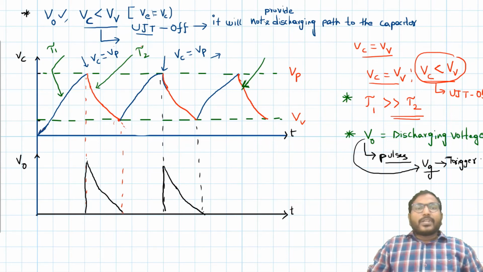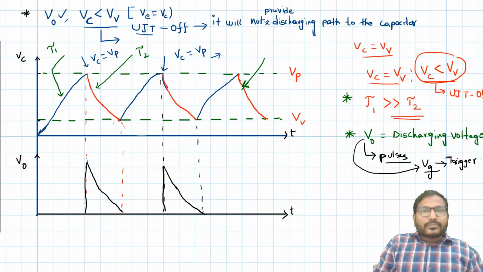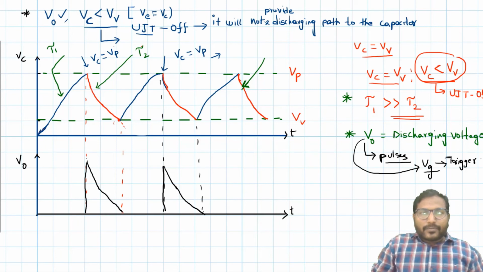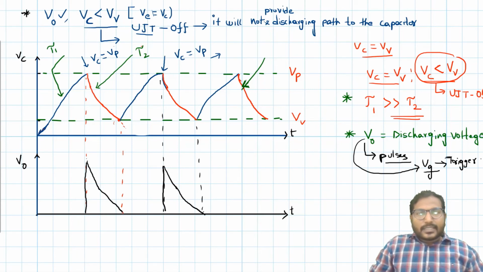Right. Coming to the representation of the time period of the capacitor voltage, choose a waveform which is repeating with a particular time interval. For that, consider the waveform from this part onwards.